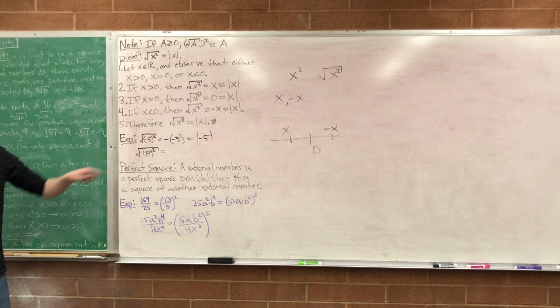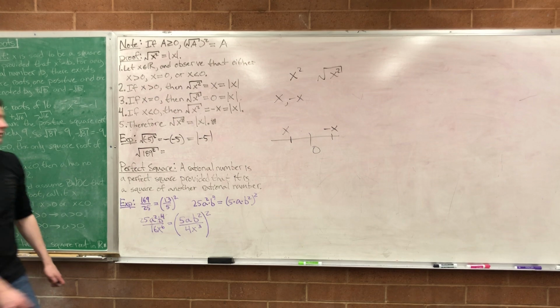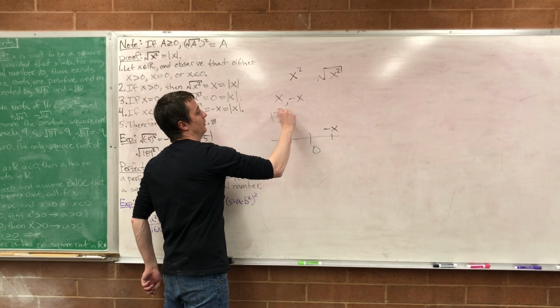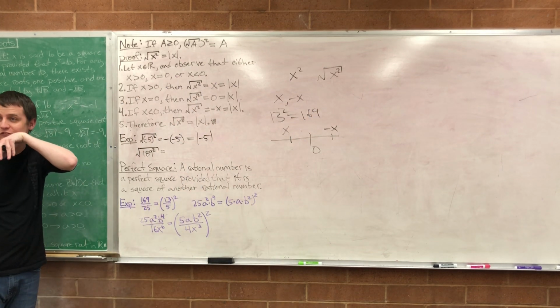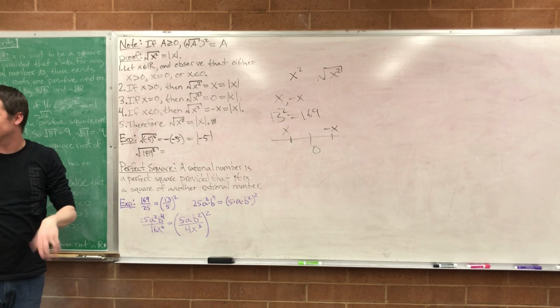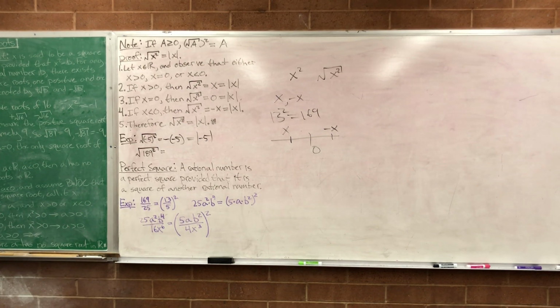Okay, now let's look at this one. What's the square root of 189 squared? 13? 13. So 13 squared is equal to 169. No, that's 14. 14 squared has to end in a 6. It's not 15. 14.5.